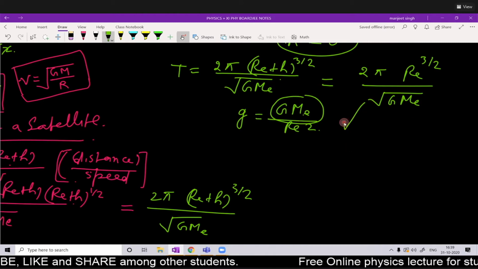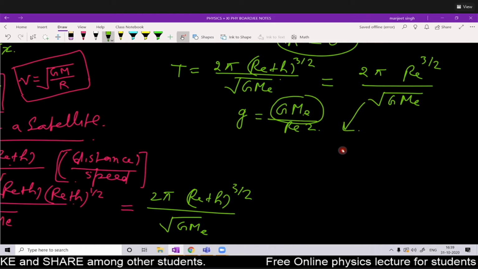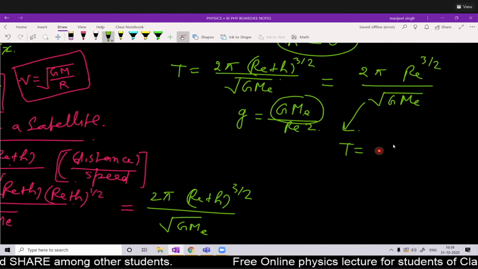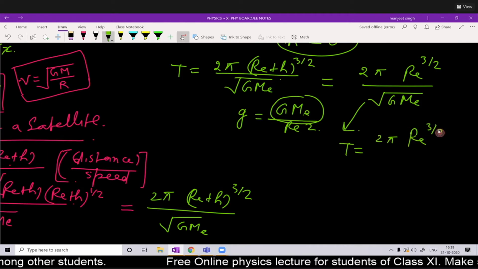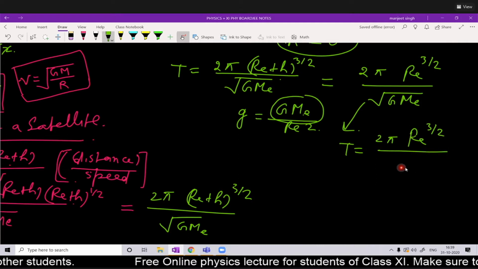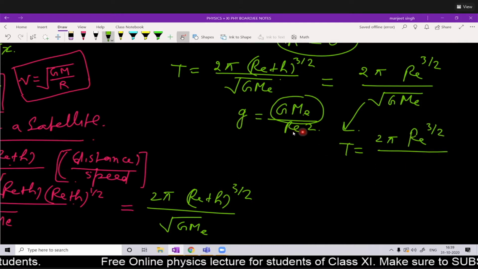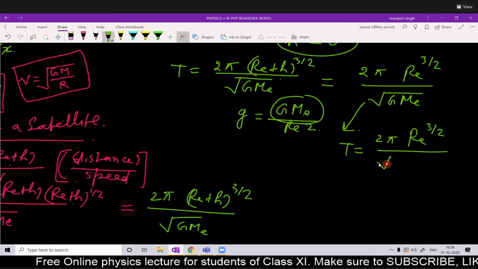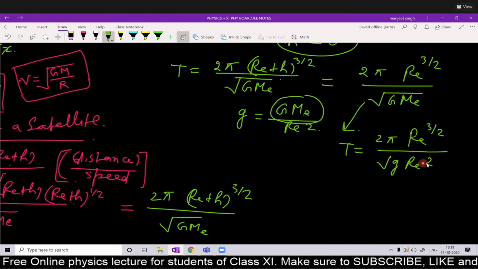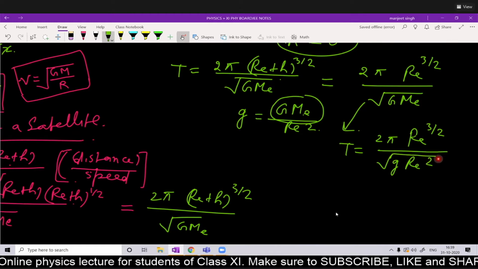So this expression will become T is equal to 2 pi RE to the power 3 by 2 divided by under root of g RE square.